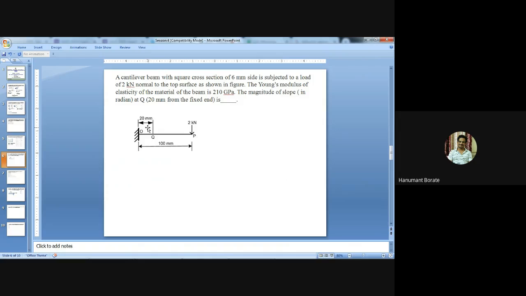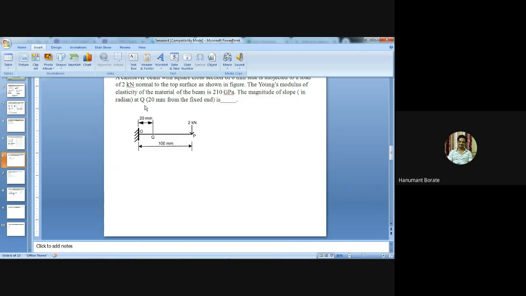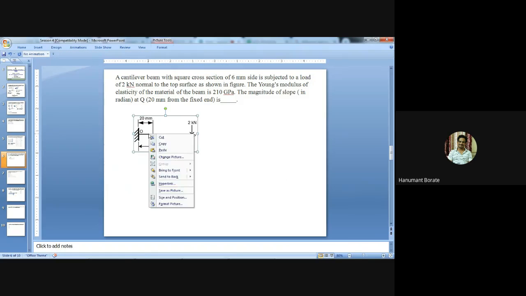So in this case we need to find the slope at a distance of 20 mm. Again we can use the standard formula, but we will solve it by the conventional method. So I will take a section. First we need to draw a free body diagram.